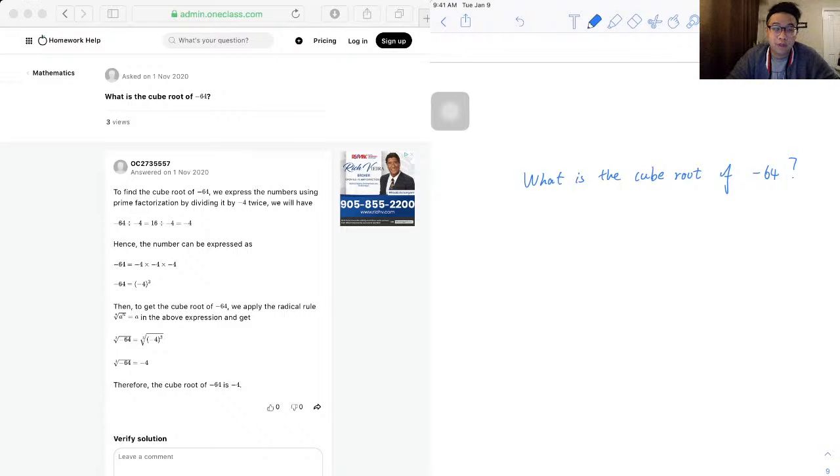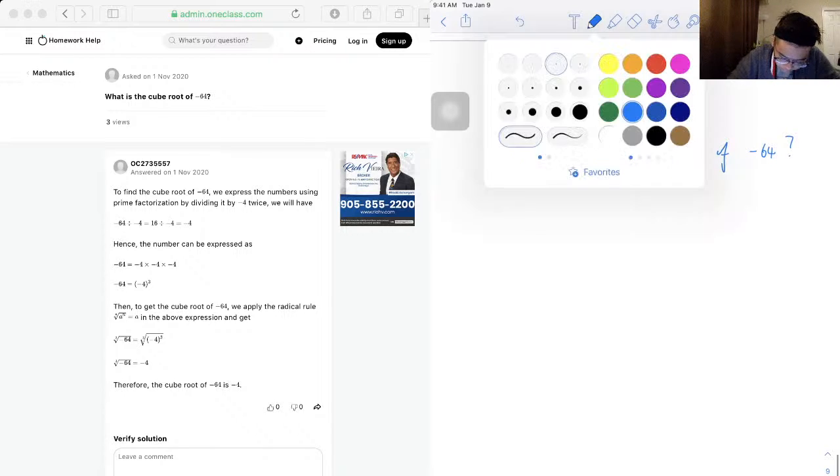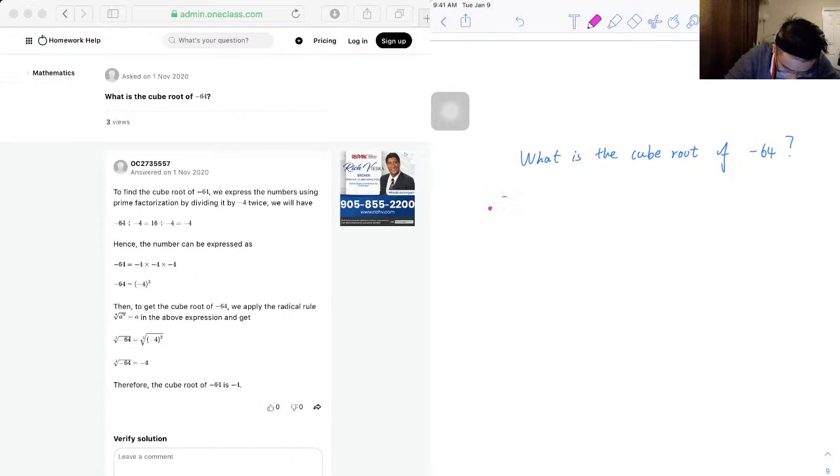First, if we want to find the cube root of an integer, we always need to express the number using the prime factorization. Let's write it down here. Prime factorization.